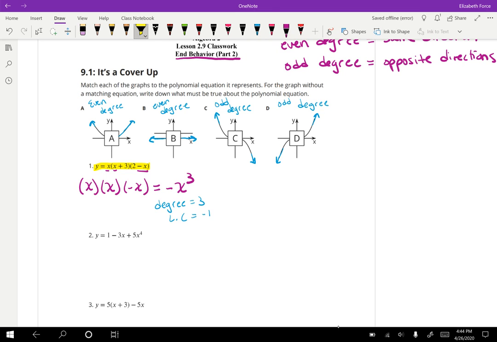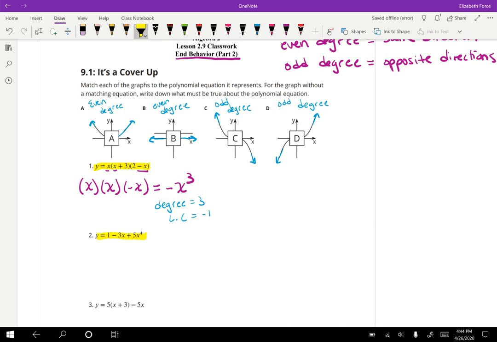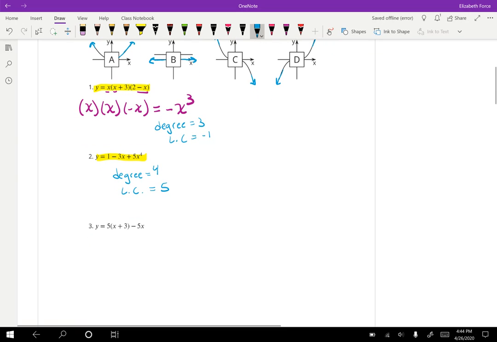Number 2 is pretty easy. Number 2's got the polynomial in standard form. So I automatically know that my degree is equal to 4, and my leading coefficient is a positive 5. Number 3, the function is not in factored form really, and it's not in standard form yet because there's still some math to do. So I'm going to distribute the 5.